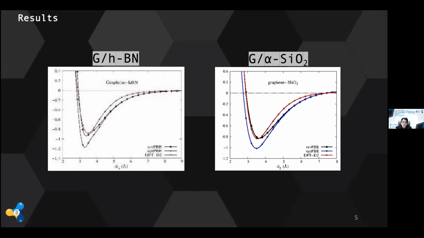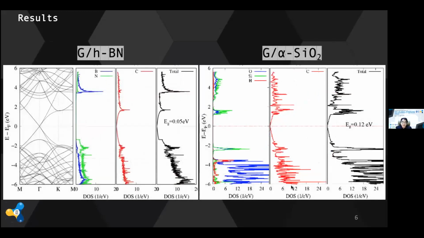Okay, next, you can see here from the density of states that the interaction between hexagonal boron nitride and graphene, and on silicon dioxide, with the p bonding and p antibonding states of the carbon atoms in the graphene, breaks the symmetry.